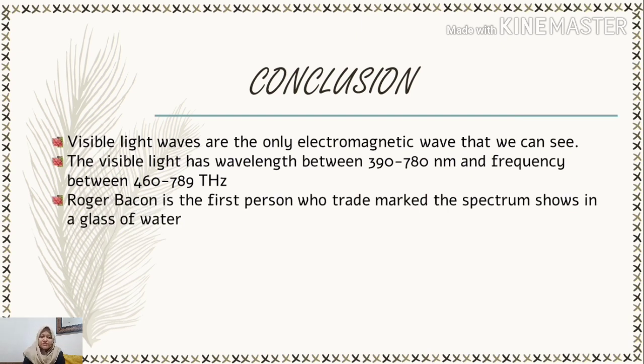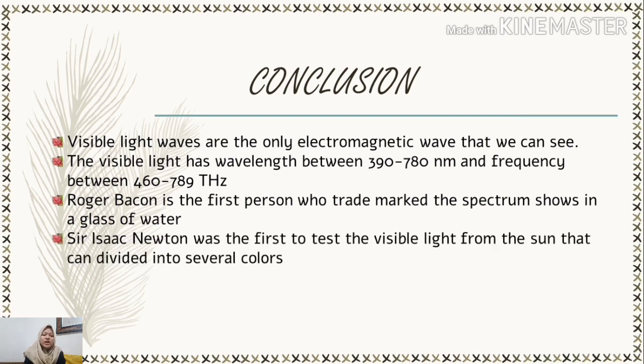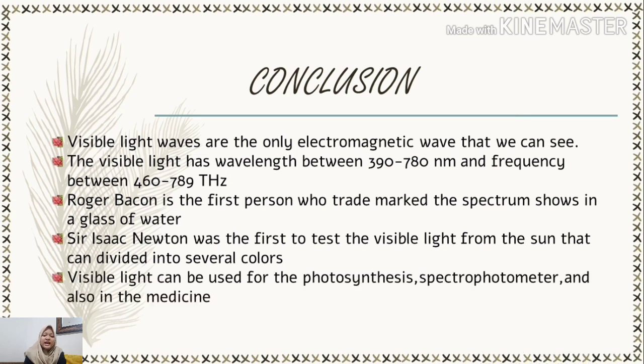Roger Bacon is the first person who theorized the spectrum shown in a glass of water, and Sir Isaac Newton was the first to test visible light from the sun and divide it into several colors. And visible light can be used for photosynthesis, spectrophotometers, and also in medicine.